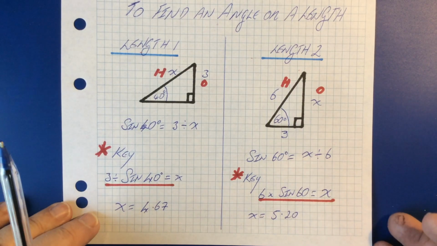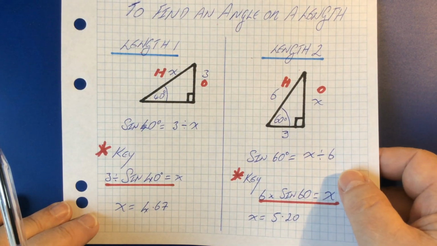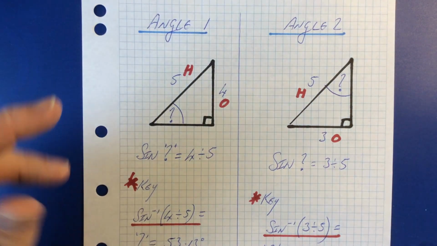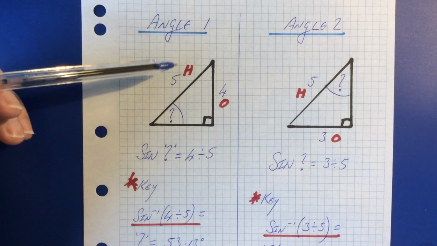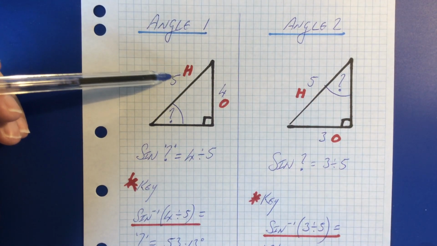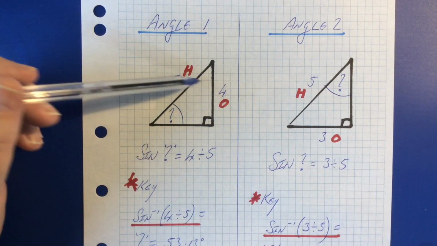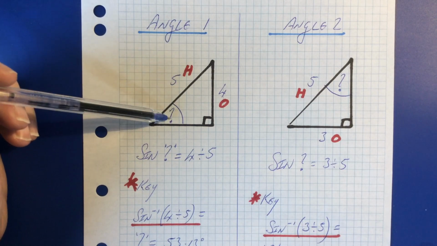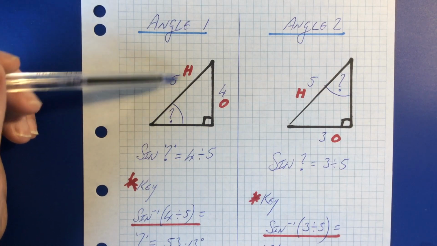Now, we come to the business of finding angles, and this is the second part of this. Let's look at the possible scenarios. We have opposite and hypotenuse in each of these, but we're looking for different angles.